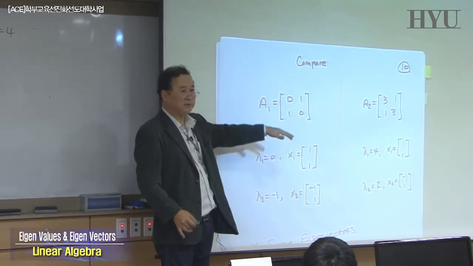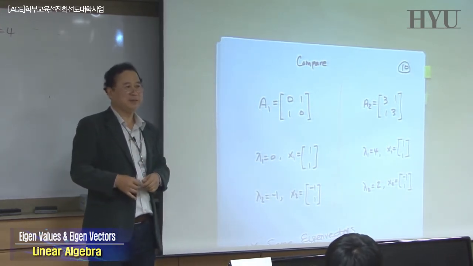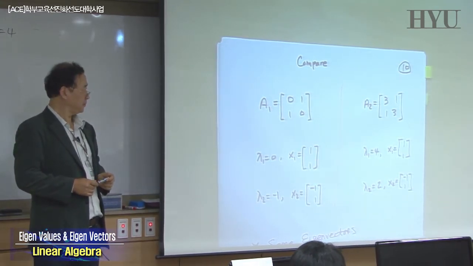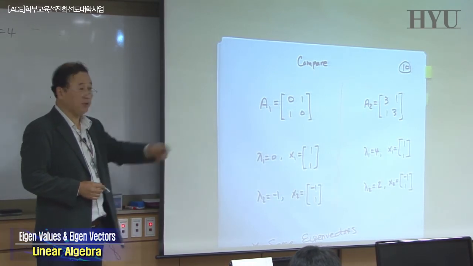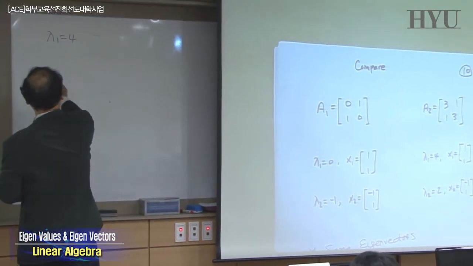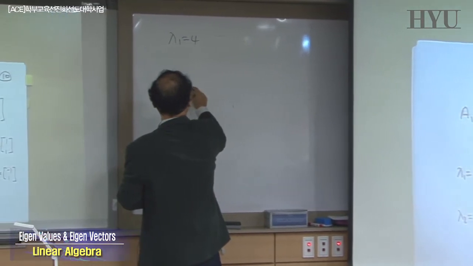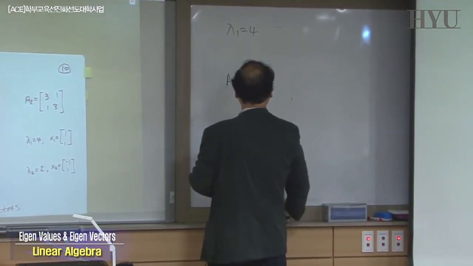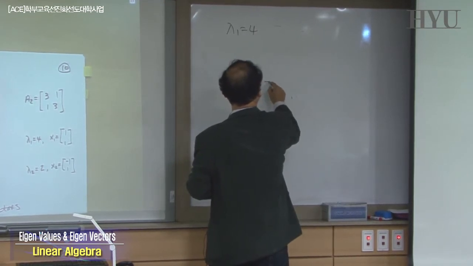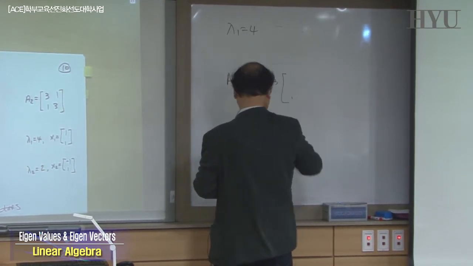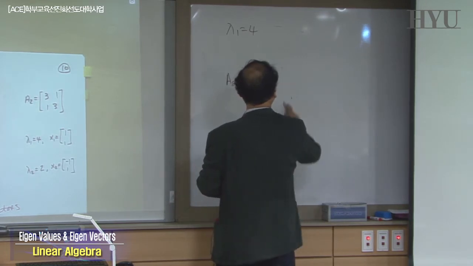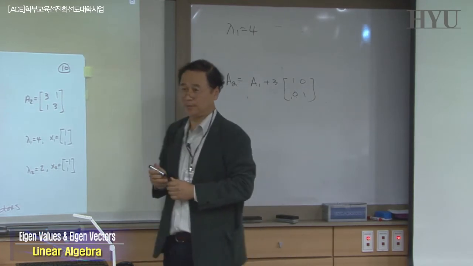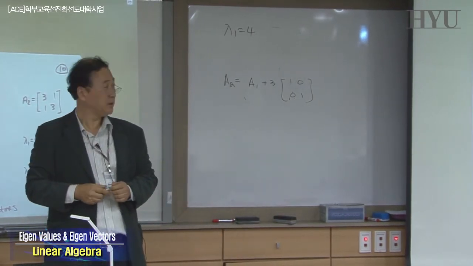Can you see some behavior? What's the relation between matrix A1 and A2? In a way, A2 is A1 plus 3 times the identity matrix, right?